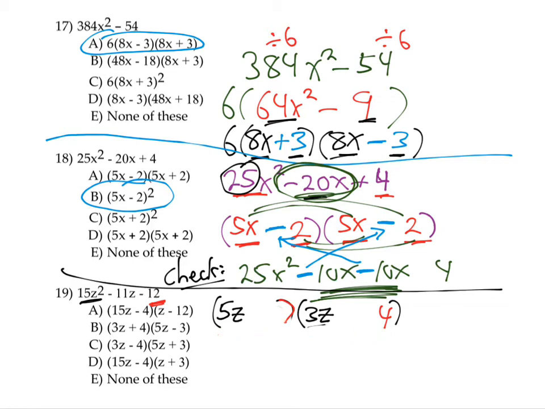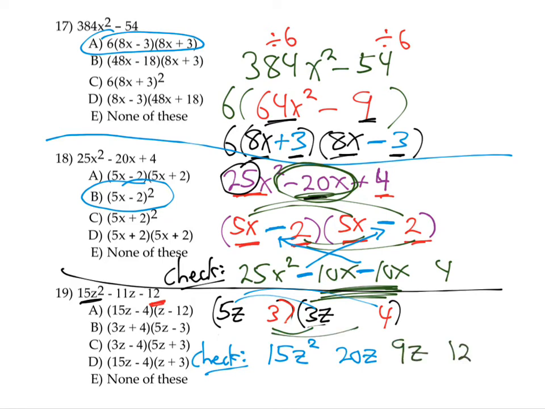Is that good? So now, how do we know if it's right? Check it. You gotta check it. So take the 5z to both: 15z squared, 20z. Take the 3 to both: 9z and 12. So these middle two are supposed to make the middle minus 11z.